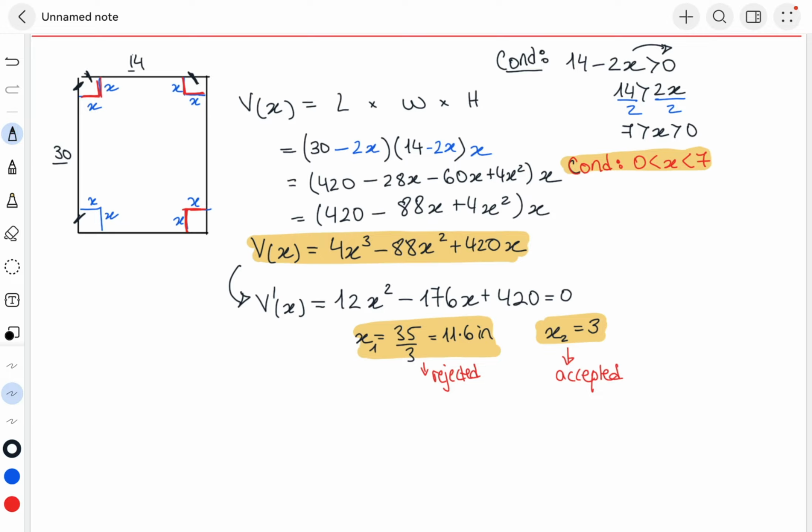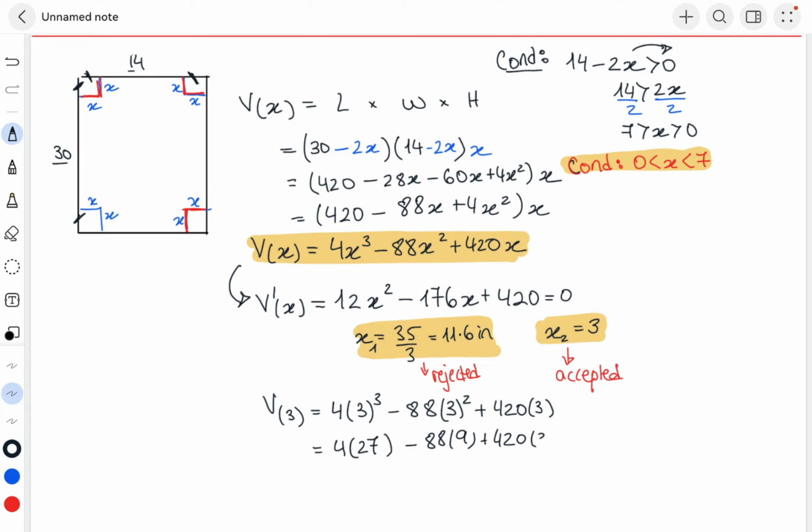To find the maximum volume, we just need to replace this x into the volume equation. So 4 into 3 cubed minus 88 into 3 squared plus 420 into 3, which will give us 4 into 27 minus 88 into 9 plus 420 into 3, which is equal to 576, and as we mentioned, inches cubed, because we multiplied length and width and height.